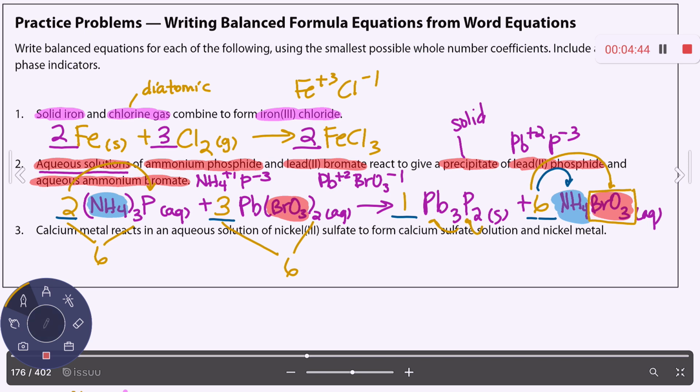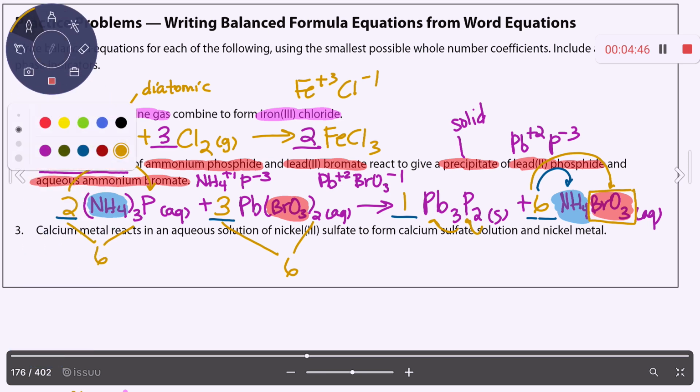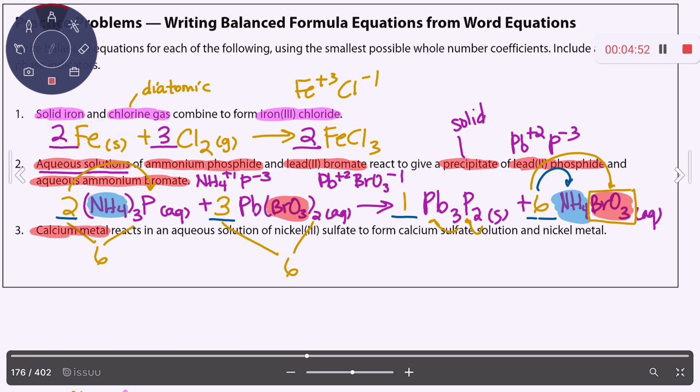For number 3, last example. On number 3, it says we've got calcium metal. Anytime they tell you that it's a metal, metals are going to be solids. So this is going to be Ca with a little s after it, it reacts in an aqueous solution of nickel 3 sulfate.